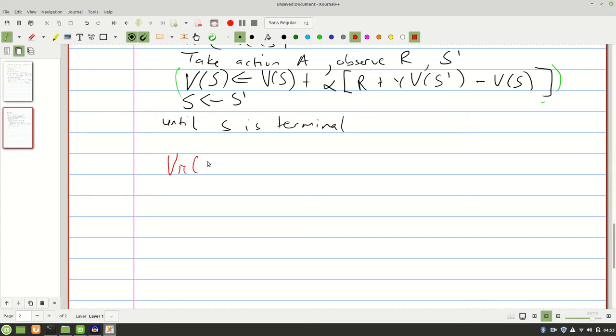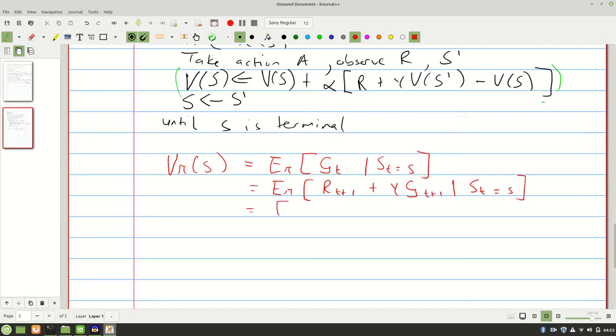When we're given V_pi(S), it's the expectation under policy pi of G_t given S_t equals S, and this is equal to the expectation under pi of R_{t+1} plus gamma G_{t+1} given S_t equals S, which equals the expectation under pi of R_{t+1} plus gamma V_pi(S_{t+1}) given S_t equals S. This is something you should already be familiar with if you've been following these lectures. So this is our update rule.